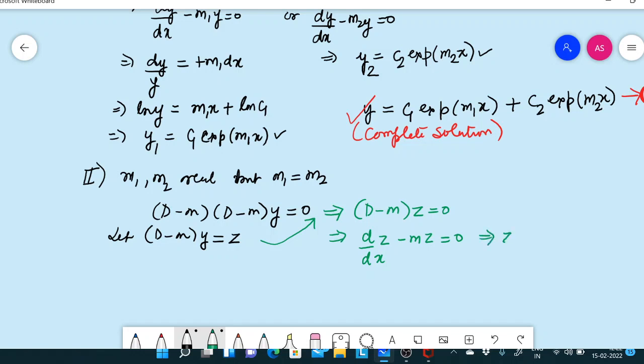The solution will be z is equal to, say, a constant c1 times exponential mx.